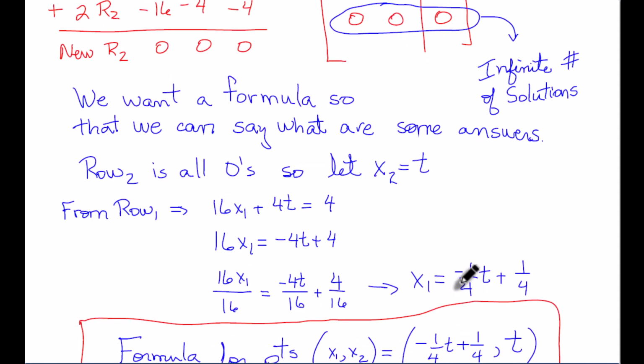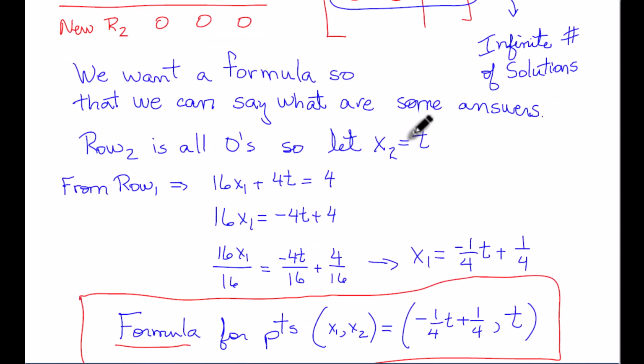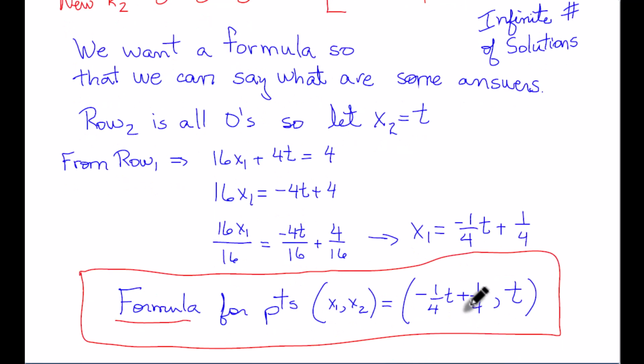And so what I get is x1 is minus 1/4 t plus 1/4. And remember, x2 was t. So my formula that will generate all of these infinite number of points looks like the x1 part and the x2 part. So you pick a t that you like, 2, 10, minus 50. You could figure out what the first part is, and you could also generate all of the solutions.